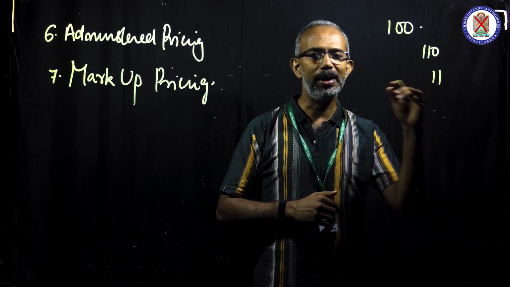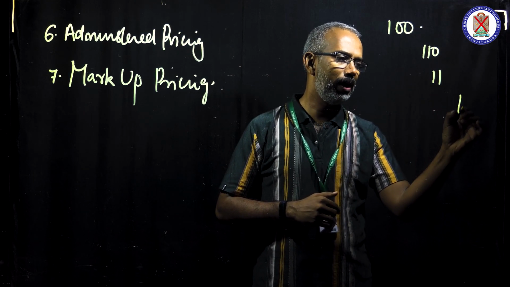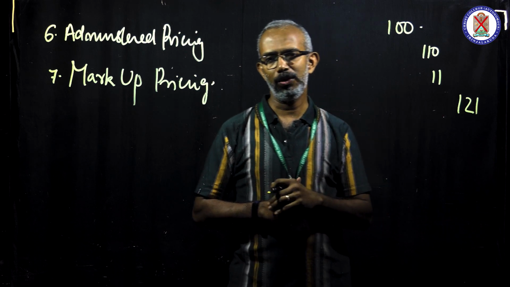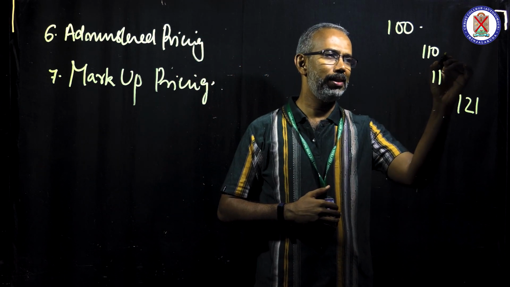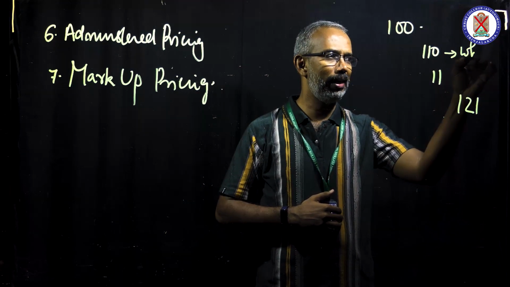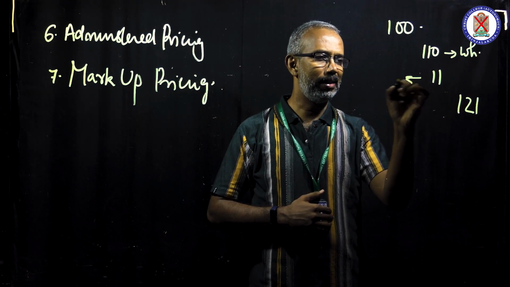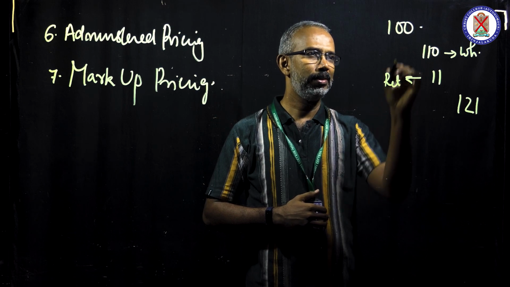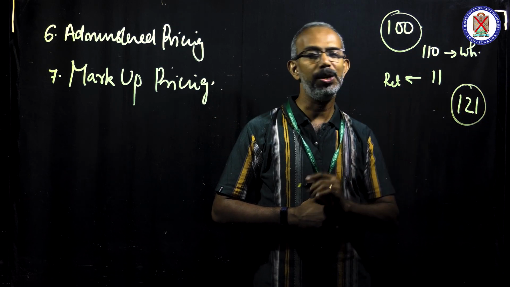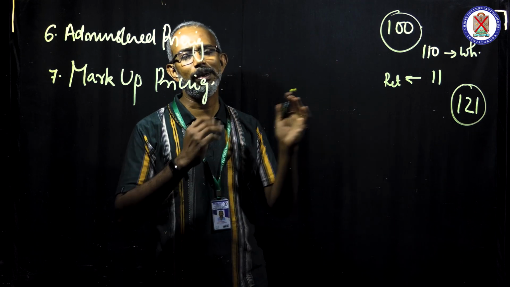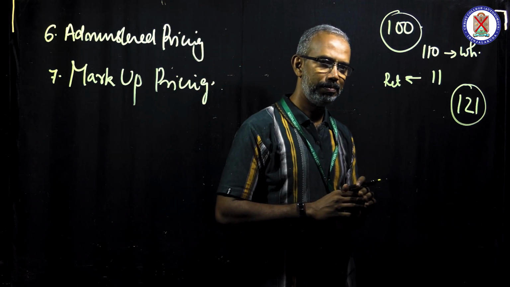So finally, when it reaches the consumer, it becomes 121 rupees. You find that a markup is happening at 2 stages. One at the wholesaler's stage, another at the retailer's stage. From the starting point of 100 rupees, it has reached 121 rupees. This is what is meant by markup pricing.